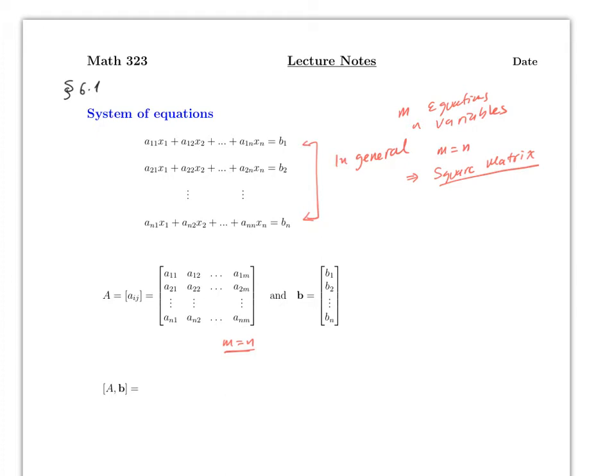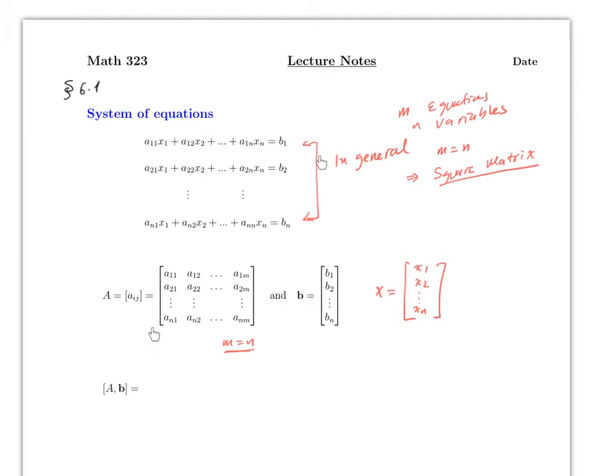Then you need a vector x, which has x1, x2, all the way to xn. So these are the three components of this system, and these three things together are exactly the same thing as the system written out.